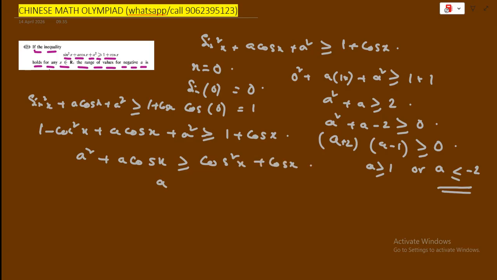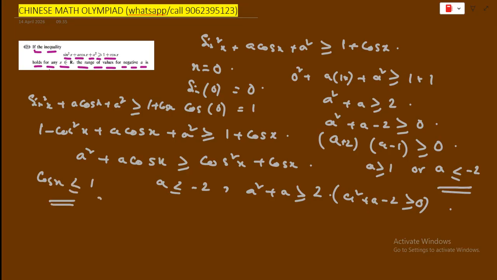Now if a is less than or equal to minus 2, we know that a square plus a is greater than or equal to 2 because a square plus a minus 2 is greater than or equal to 0, right? And also since a is negative and cos x is less than or equal to 1, then definitely a cos x is greater than or equal to a. Wait, let me repeat that for all the people in the back.